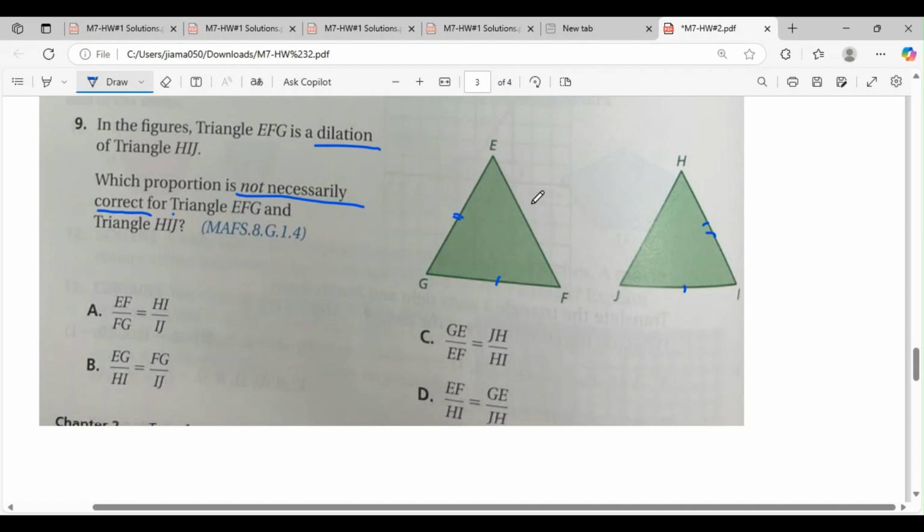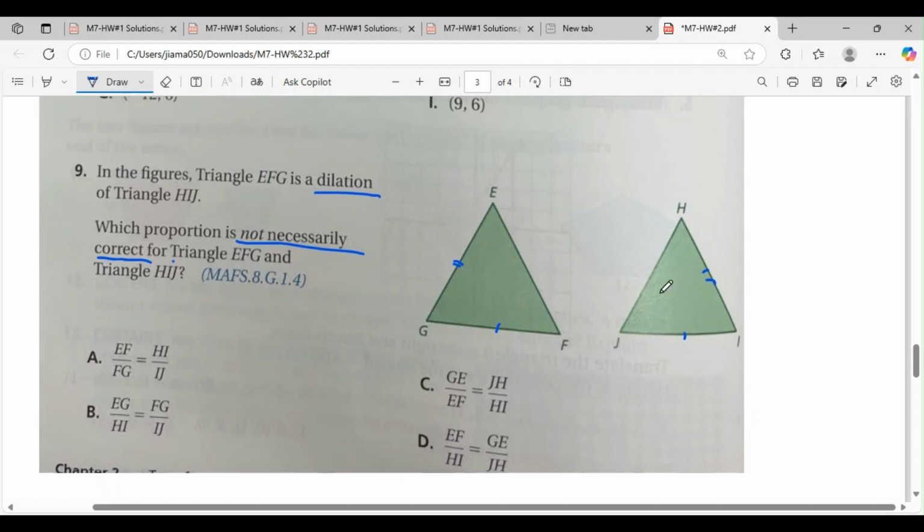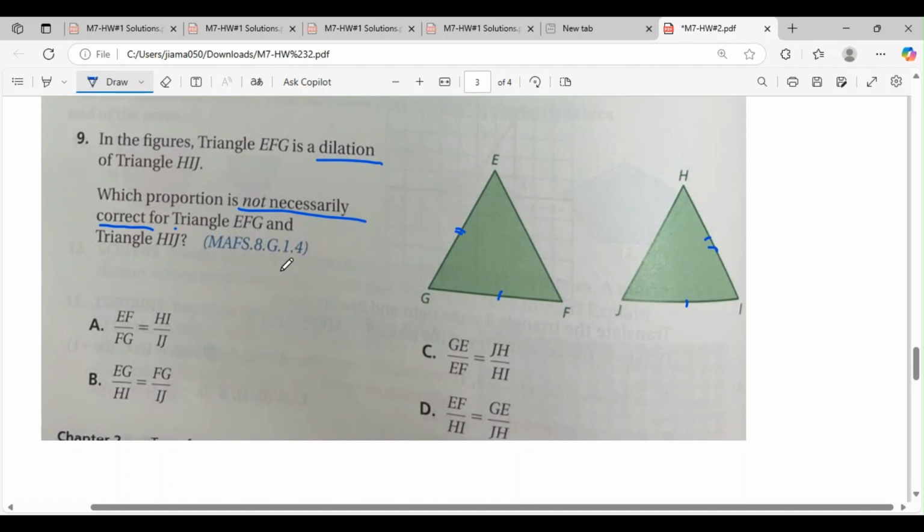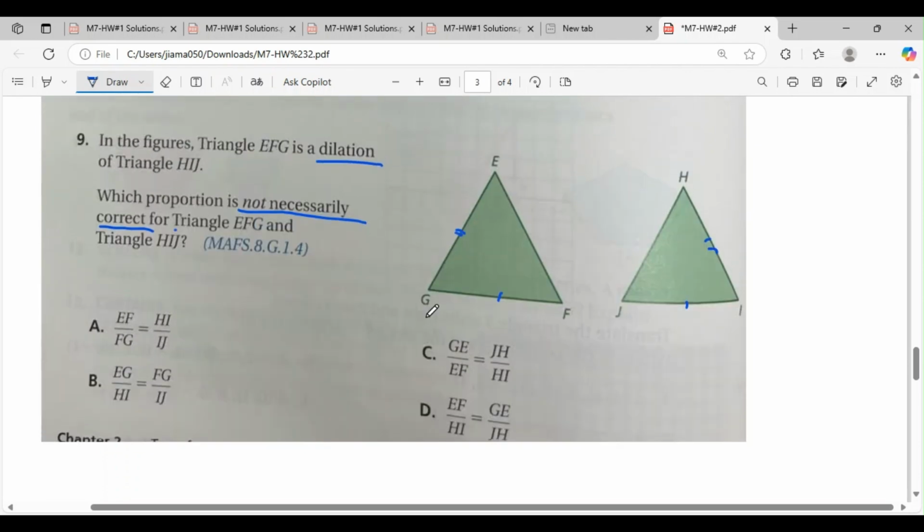We can find that EG and HI are not on the same side, which means they are not necessarily correct because they're not on the same side. So let's continue to check other options in case.